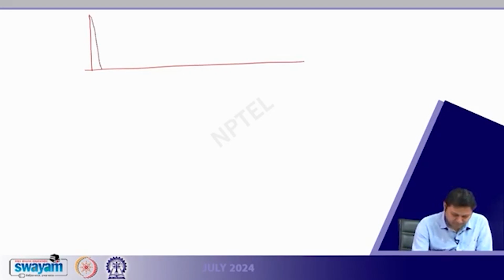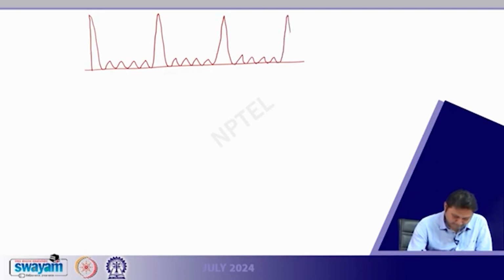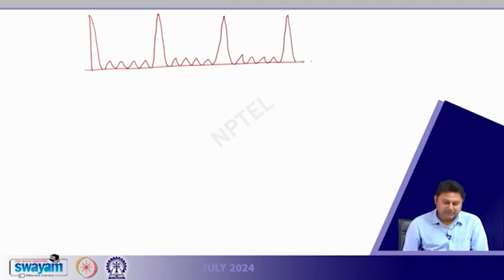So we have the spectral distribution for this, this is the distribution for this function.